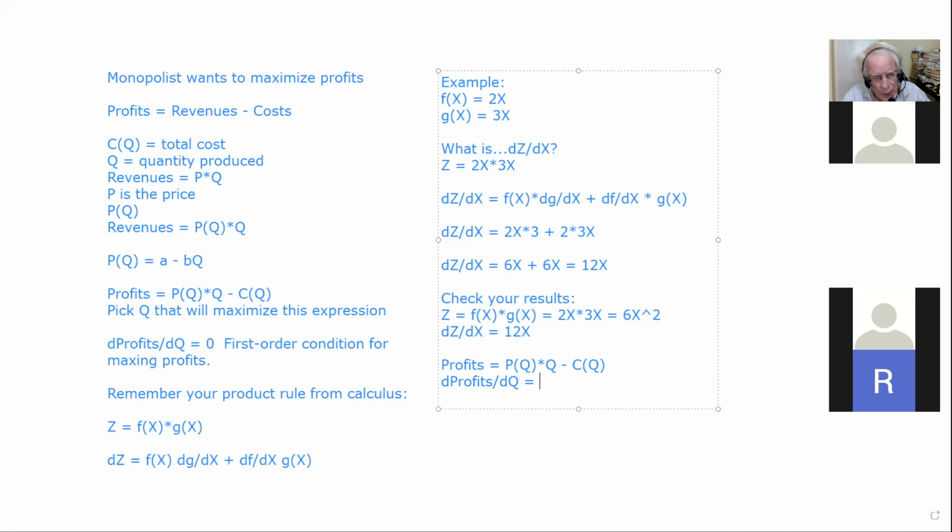So let's see what we have. For the product rule, you can treat the first function in the term p of q as a constant, and then differentiate with respect to q, which just gives us 1.